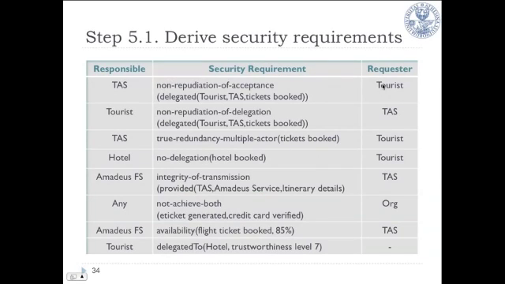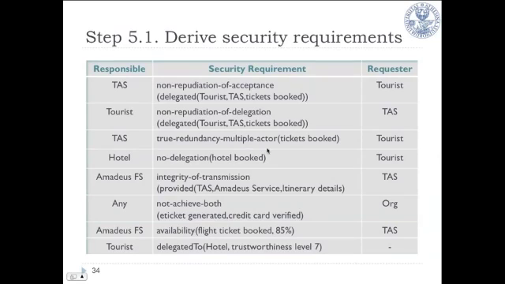The tourist is the requester actor who is requesting non-repudiation of acceptance because it wants the travel agency service to not deny that it has accepted this delegation. So the TAS is the one responsible for satisfying this requirement. Similarly, if the TAS has expressed a non-repudiation of delegation, so the tourist cannot deny it has actually delegated this goal, then the tourist is responsible to satisfy this requirement.